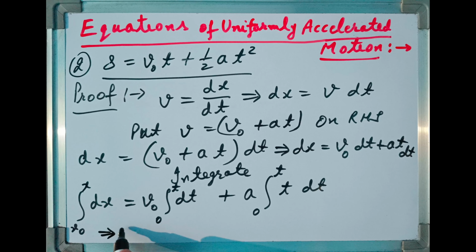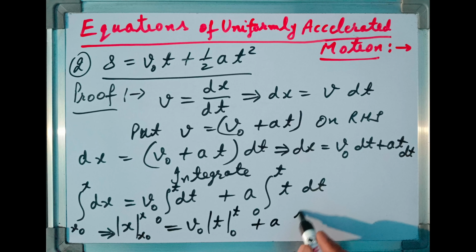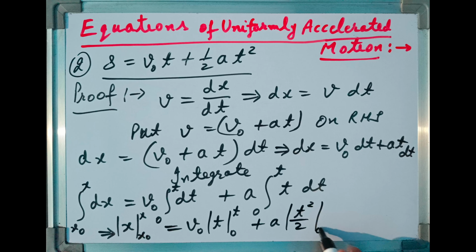On left hand side the answer will be x with limits x0 to x, equal to first integration v0 t, limits 0 to t, plus a times integration, the answer will be t square by 2, limits 0 to t.